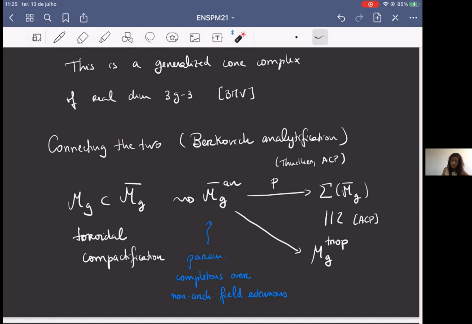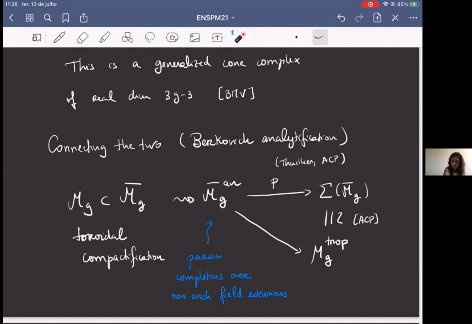which tells you that the dream situation I described at the beginning actually holds here. So let me try to explain what we have. On the technical side, we have a compactification, M_g inside M_g bar, which is toroidal. So it's not a simple normal crossing compactification, as I said in the beginning, and it's not a variety in the dream situation, but an inclusion of stacks.